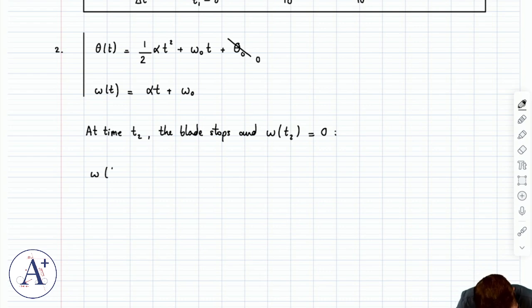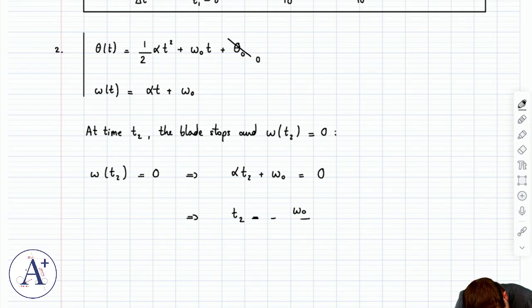Okay, what does that give me? Omega of t2 equal to 0 leads to alpha t2 plus omega naught is equal to 0. So it tells me that t2 is equal to minus omega naught over alpha. That's 10 revolutions per second, so that's 20 pi radians per second, divided by alpha, which itself is, don't forget the minus, 2.4 radians per second squared.